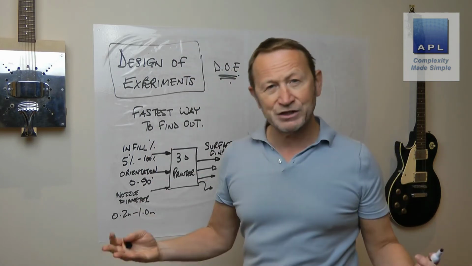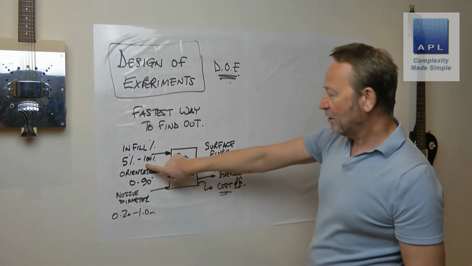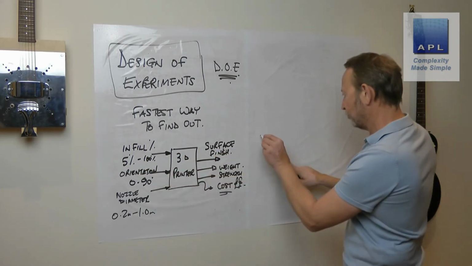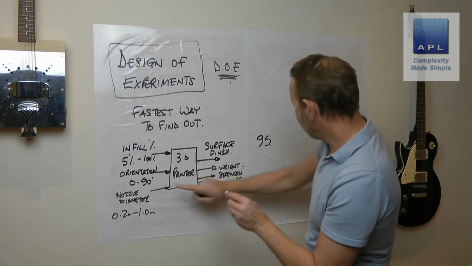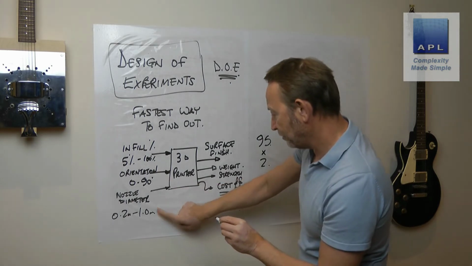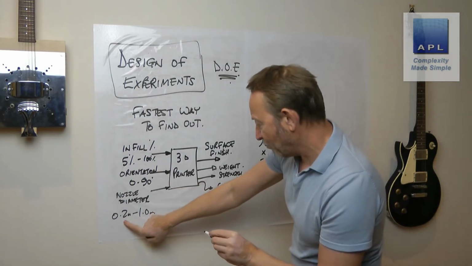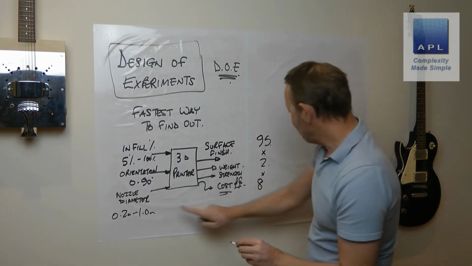Now this is a relatively simple situation, but even here, look, I've got 95 choices on the infill. I've got 2 choices on the orientation, and if I take this up in 0.1s, I've got 8 choices for the nozzle diameter.